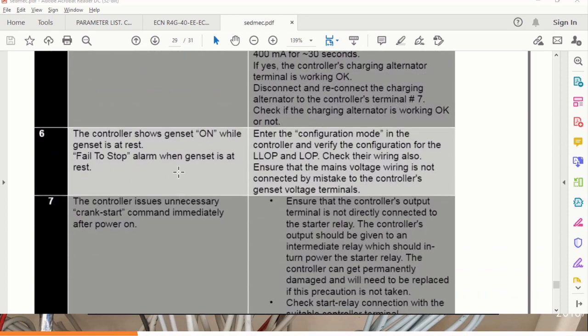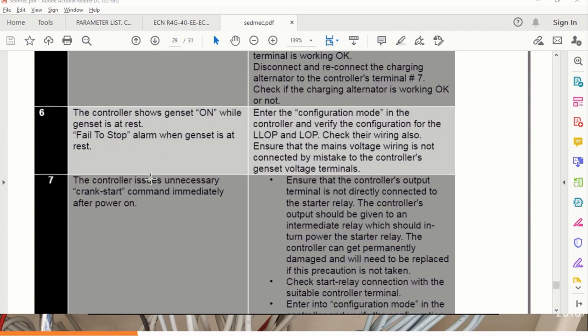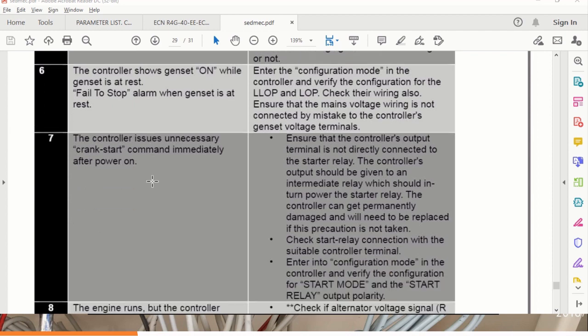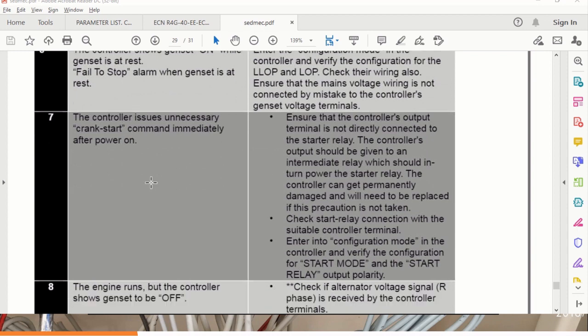Now there is an alarm called fail to stop the engine. Fail to stop is when the DG has to stop and the controller provides a command to stop the engine, but even after that the engine does not stop.